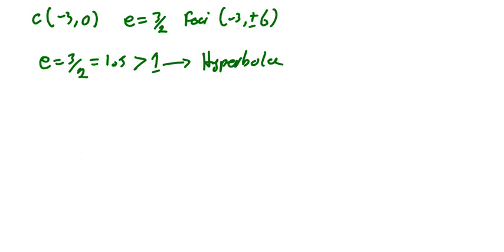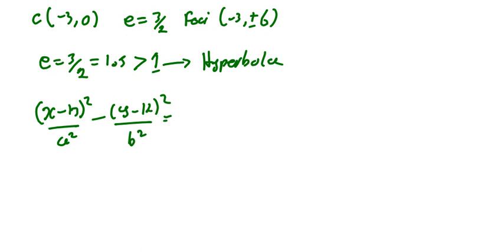So now, since I've known that it's a hyperbola and the center is not at the origin, I can write it like this. There are two of them. It's either (x minus h) squared divided by a squared minus (y minus k) squared divided by b squared is equal to 1.